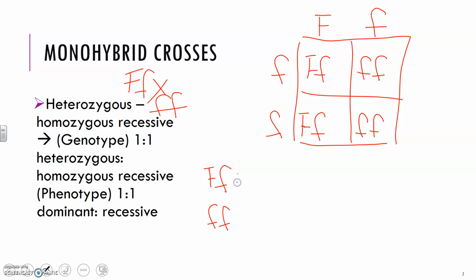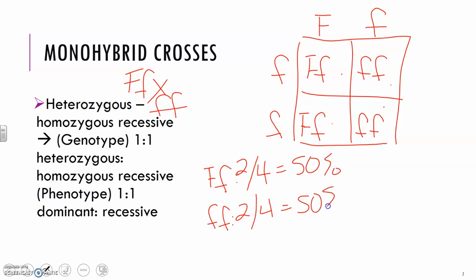Now we still have 4 boxes in this Punnett square, so each of these are out of 4. Now you have 2 heterozygous genotypes and 2 homozygous recessive. So that basically equals 50% and 50%. So it's a 2 to 2 ratio, which simplifies down to a 1 to 1 ratio.